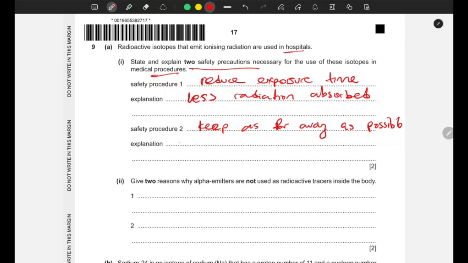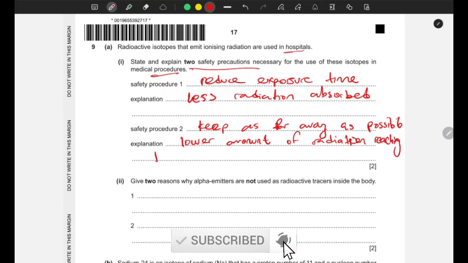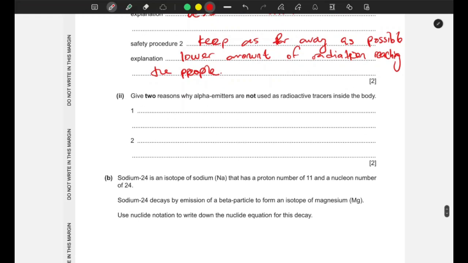So this will also do the same thing. There would be a lower amount of radiation reaching the people. And there are also other examples, such as using a lead lined box so that no radiation would be able to escape when stored, but two would be enough.